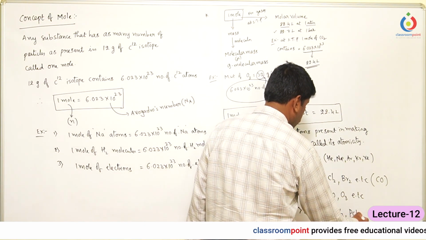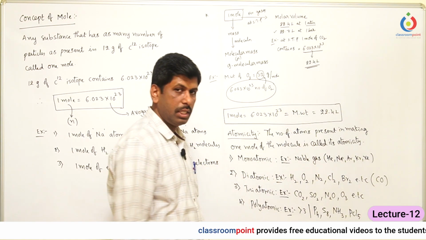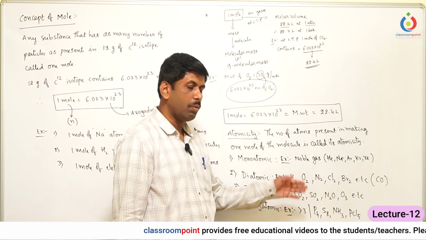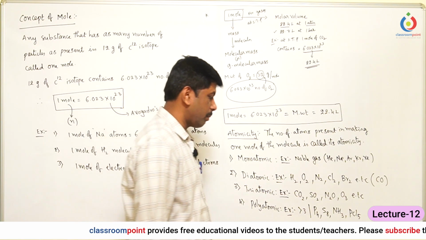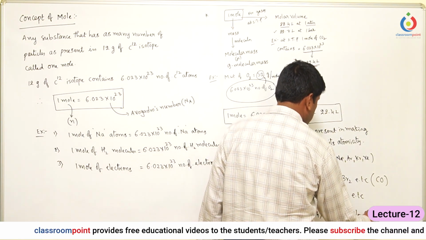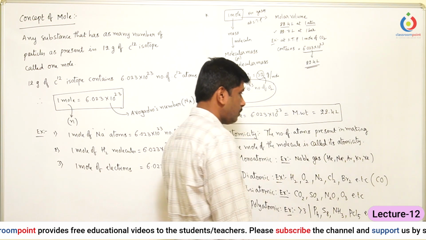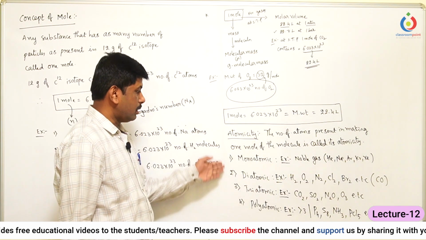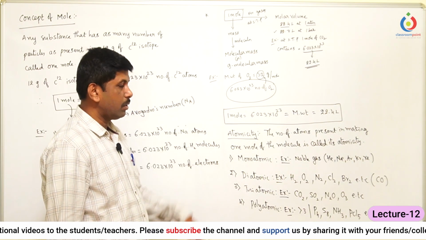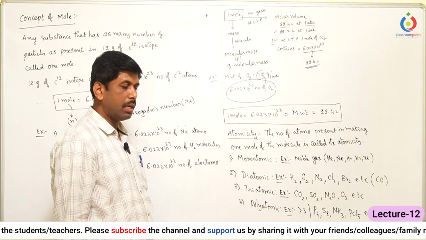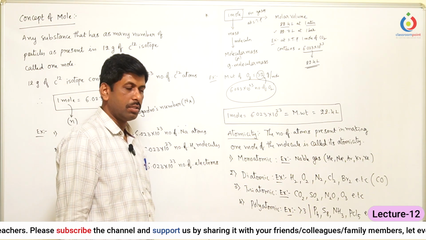Let us take PCl5. 6 atoms are present, 5 chlorine and 1 phosphorus. Hexaatomic. So all these are called polyatomic molecules. We need atomicity while solving some of the questions, while calculating the number of particles. That's what atomicity has been discussed now.